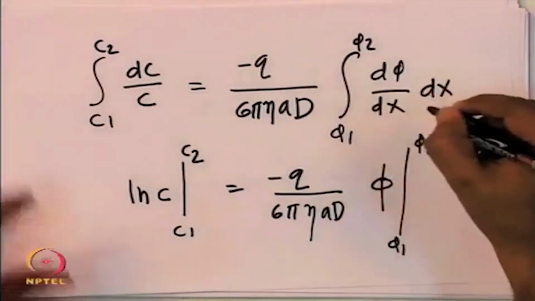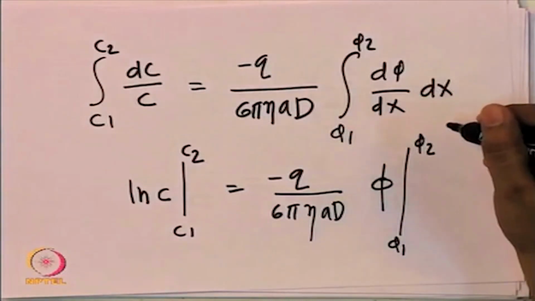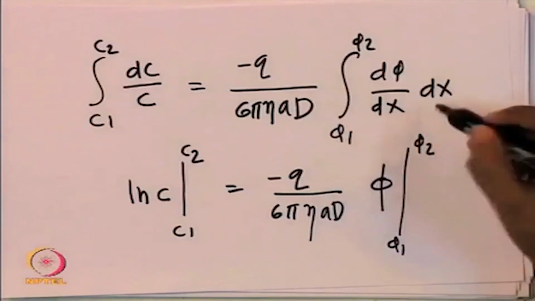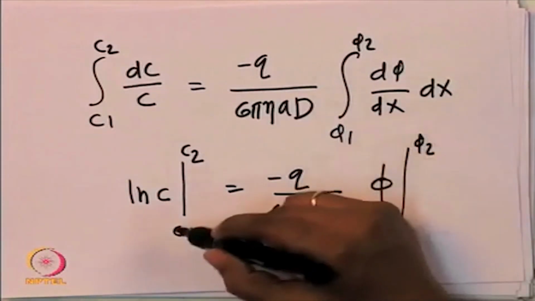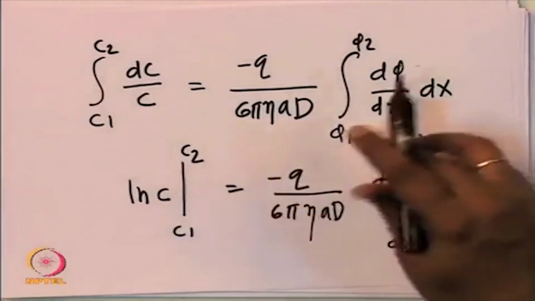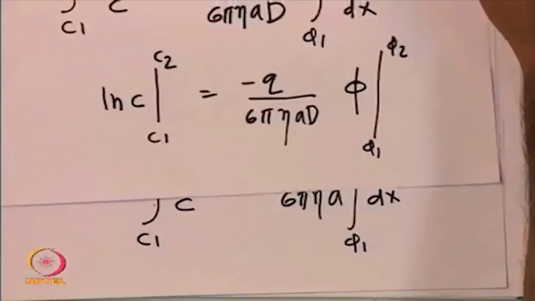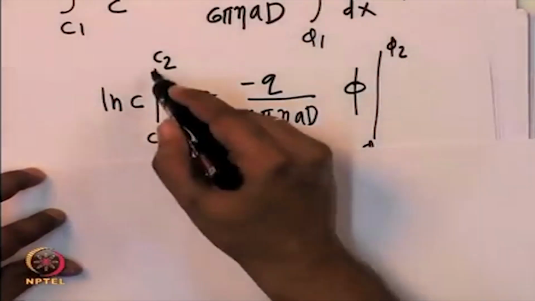This is just d phi by dx dx, and this integral is essentially phi, because if you integrate d phi by dx, you will get phi. So, you have phi in the limits phi 1 to phi 2 and log in the limits c 1 to c 2.